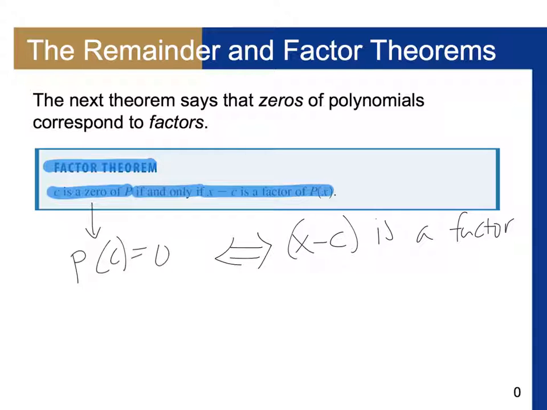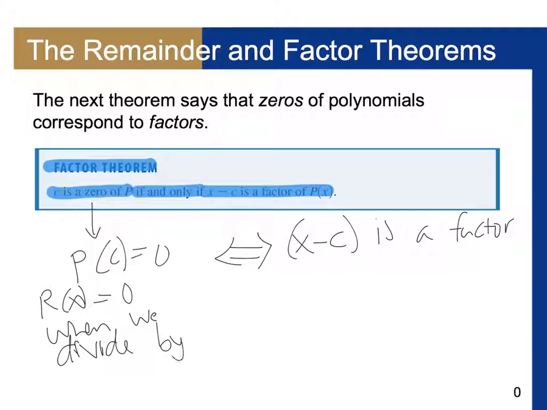Now remember, when we say p of c is 0, that means r of x, the remainder, is 0 when we divide by x minus c. According to our remainder theorem, we're dividing by x minus c and we get a remainder of 0, which does mean that x minus c is a factor.